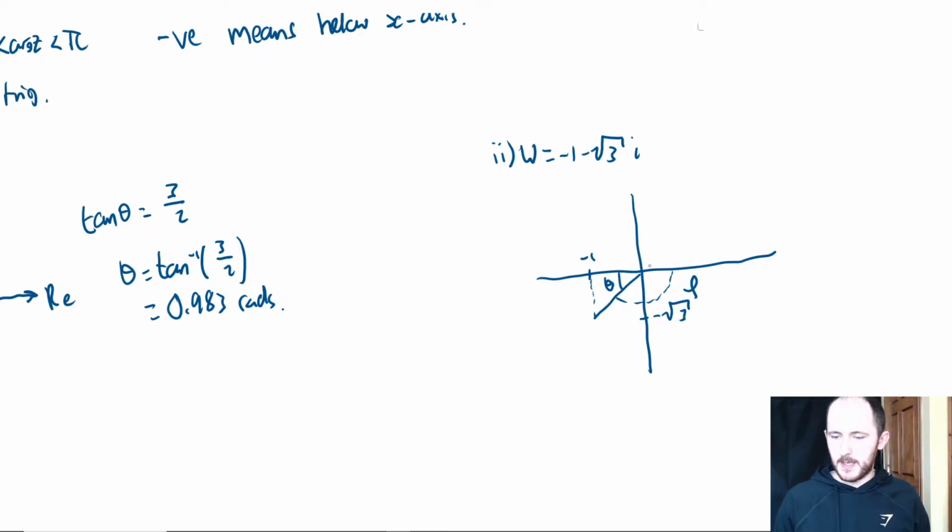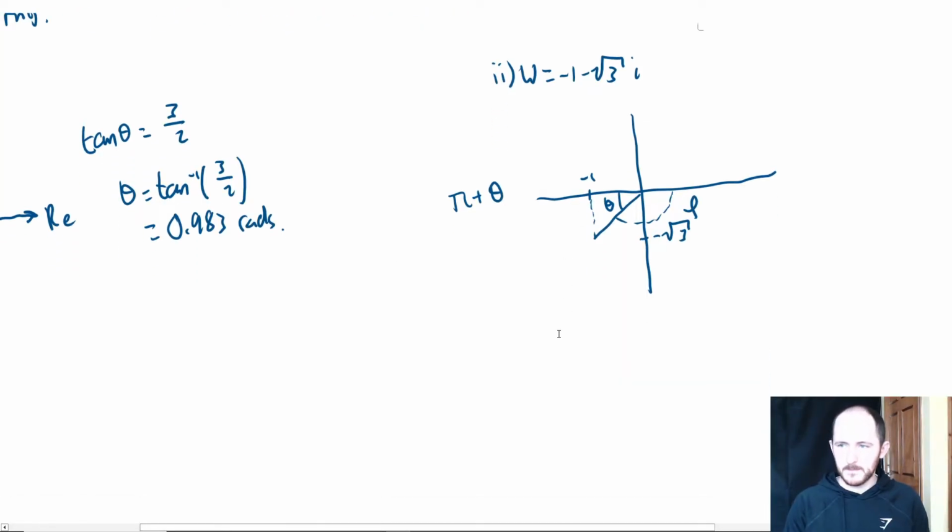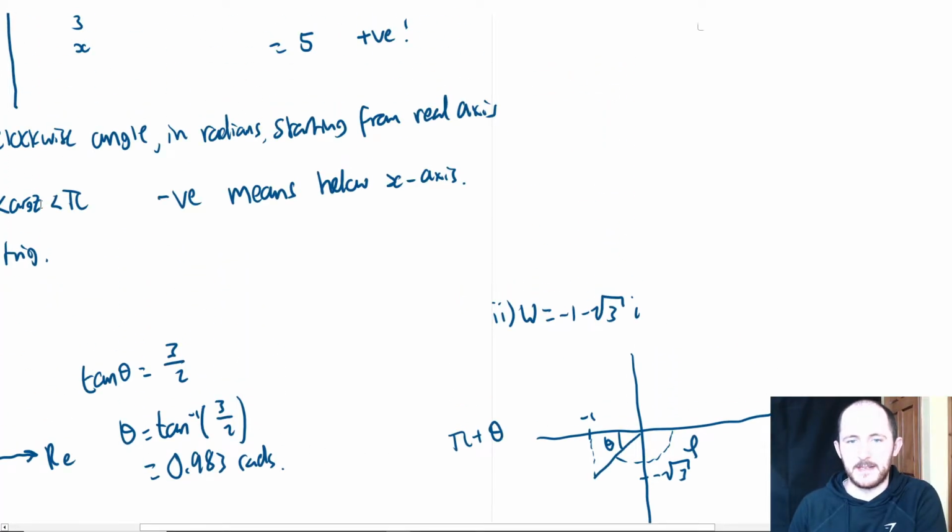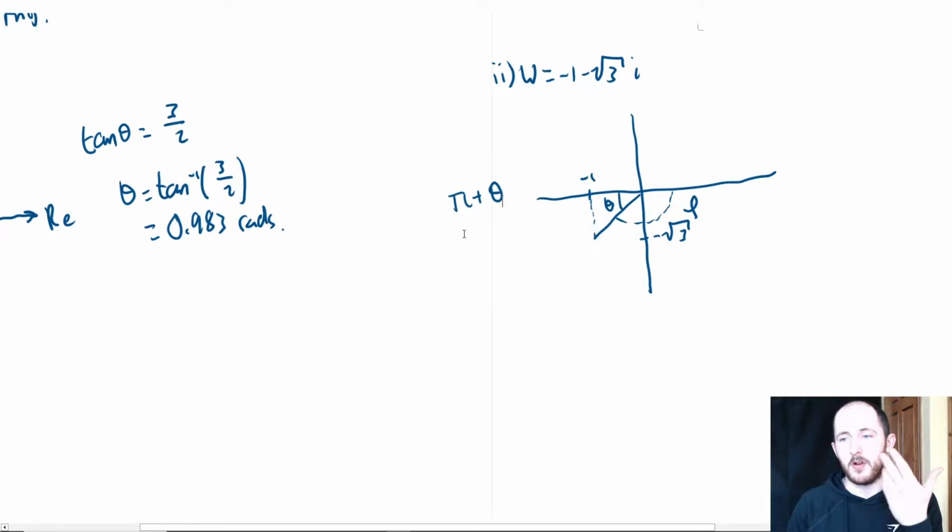If we find this angle here and just make it negative, just like the CAST diagram, then technically we are looking for this angle over here. You could make it pi plus theta, or you can make it phi and swap the sign. Either way is totally fine. I'm going to do it the other way because we normally give it in terms of negative pi to pi, rather than giving a number bigger than pi.